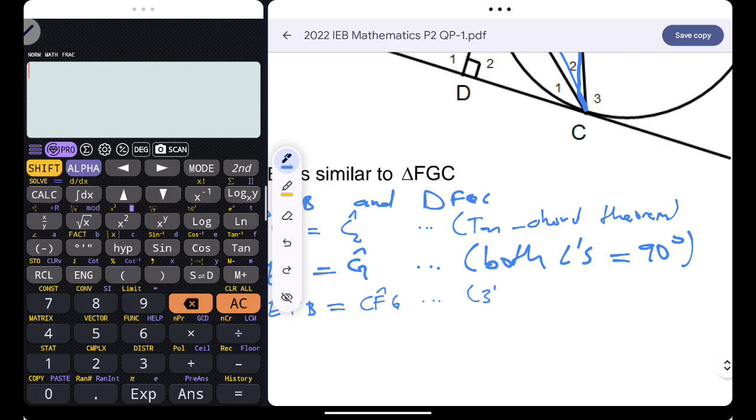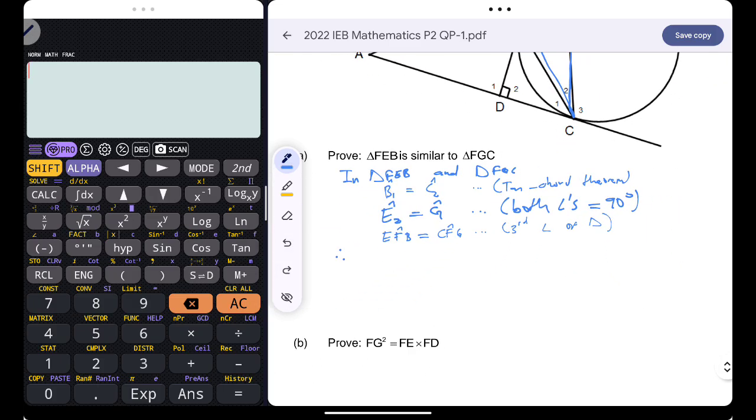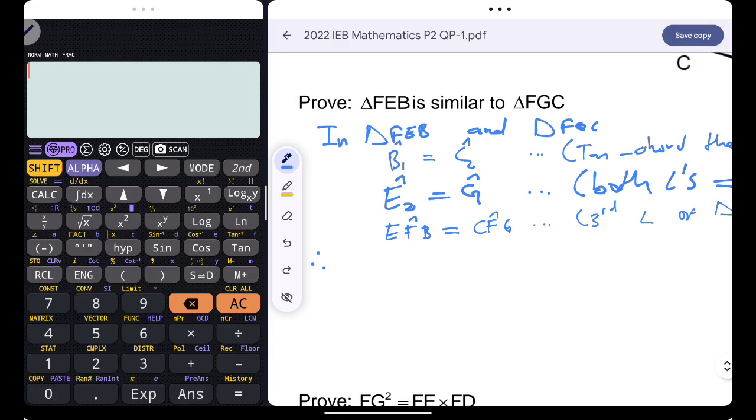This is just the third angle of a triangle. And therefore you can conclude here that triangle FEB is similar to triangle FGC. This is true because the two triangles are equiangular.